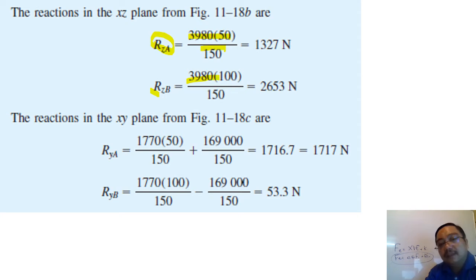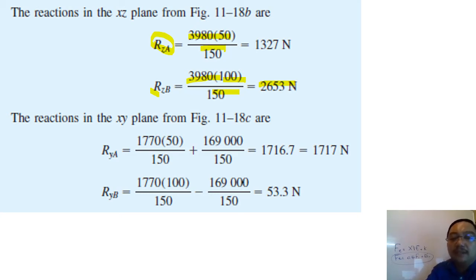RZB is 3980 times 50 over 150, you get 2653 Newton. The 50 is a length, 100 is also a length, 3980 is given, and 150 is the total length of the arrangement. Trace back in this question and all other questions, trace back where you get the numbers.